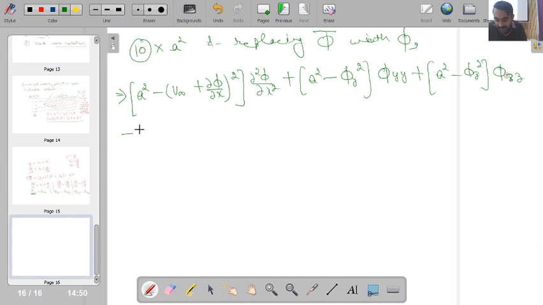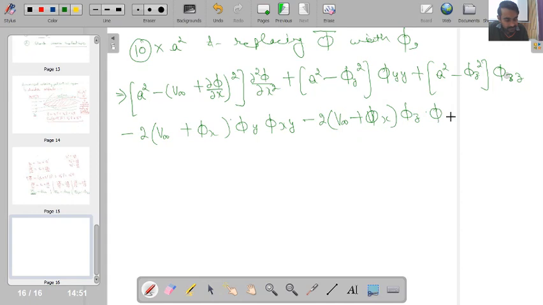Minus 2 times V infinity plus phi x into phi y into phi xy, minus 2 times V infinity plus phi x into phi z into phi xz, minus 2 times phi y phi z into phi yz.